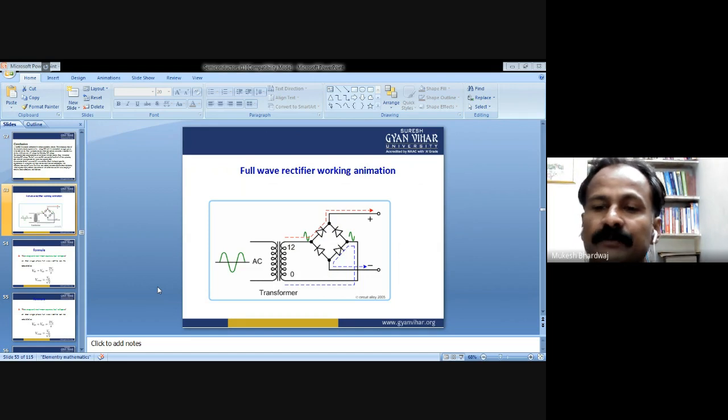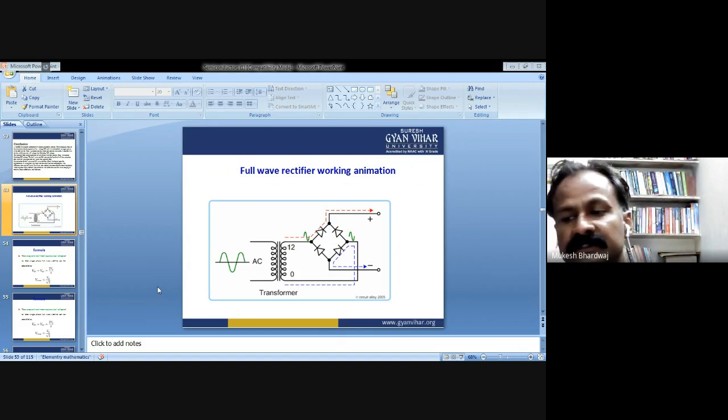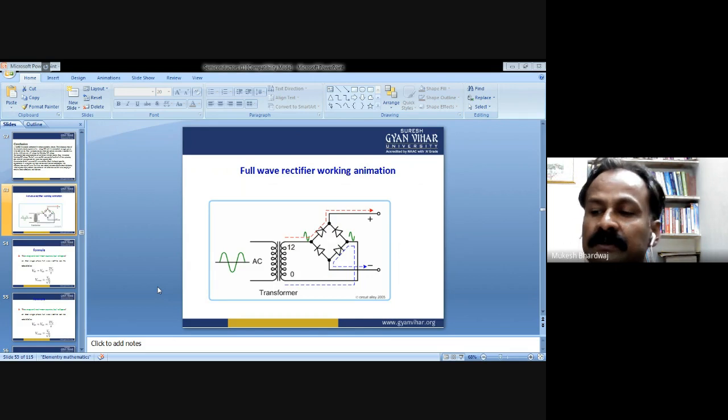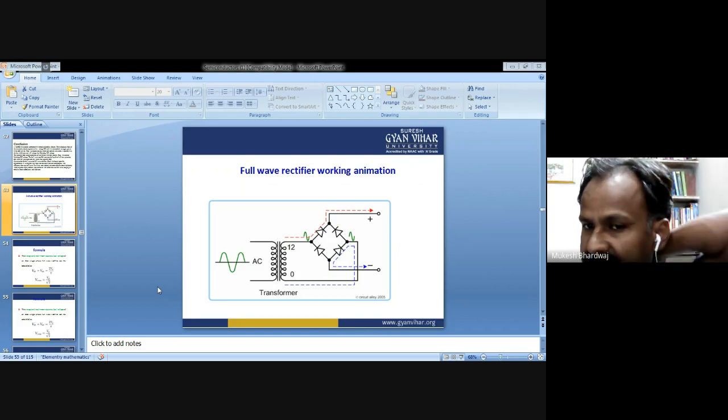During the positive input half cycle, one terminal of the secondary of the transformer is positive, while the other terminal is negative. The diodes are designated as D1, D2, D3, and D4.